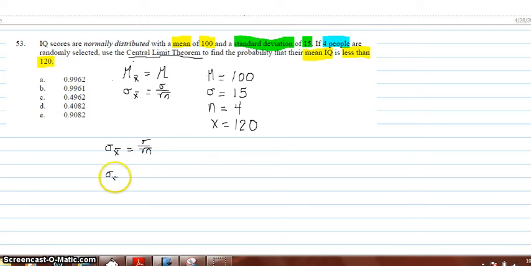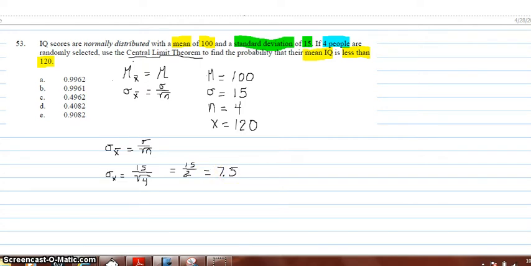We have our sigma, which is 15. Sigma is how standard deviation is denoted, divided by the square root of n. N is 4. So that equals 15 divided by 2, which equals 7.5.